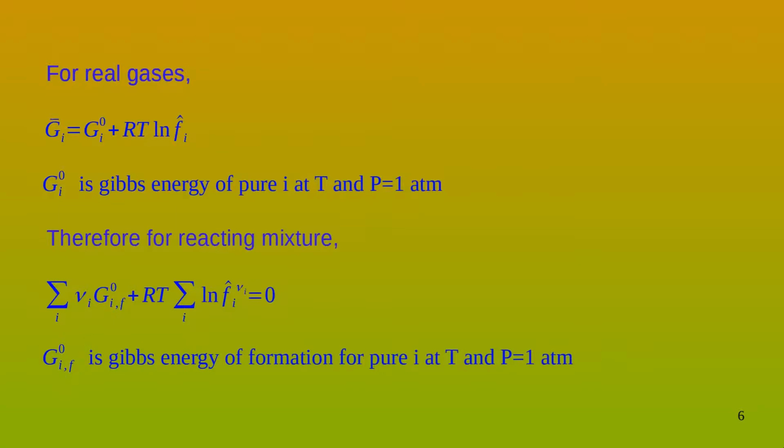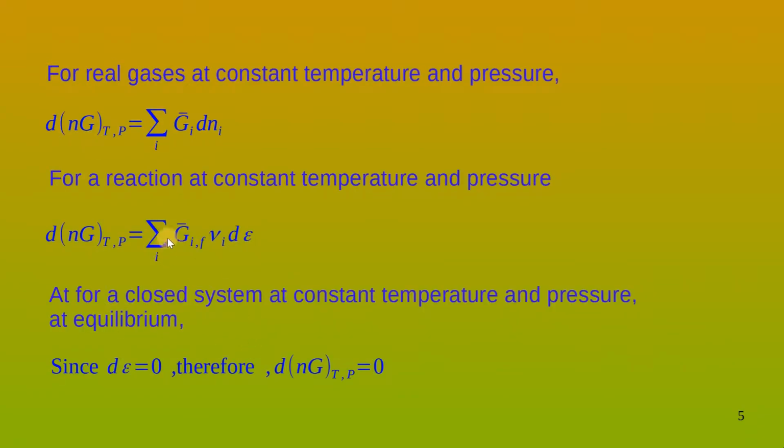Therefore, for a reacting mixture, we just multiply this by nu i and we get nu i Gi0. We write this as GiF0, because Gi here, as we go back, was replaced by GiF, that is the Gibbs free energy of formation.